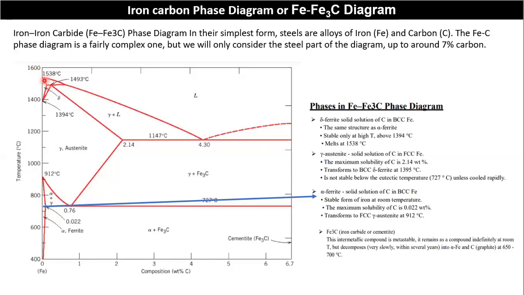So it is delta and it is alpha. Both structures are the same. The maximum solubility of the carbon is 0.022. So it is the maximum percentage of the solubility of the carbon.